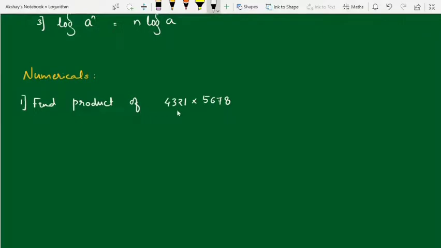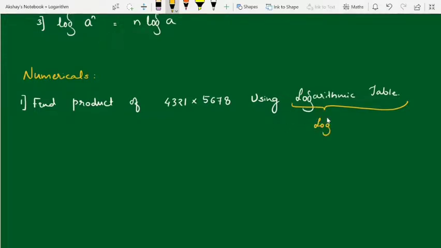If they are asking to find the product of this into this using logarithmic table, the first thing you have to understand is, don't be under the impression that you are using only log. You are not going to use only log values, but along with the log, you have to use anti-log also. That means log and anti-log, both we will be using. Okay, be clear about this.